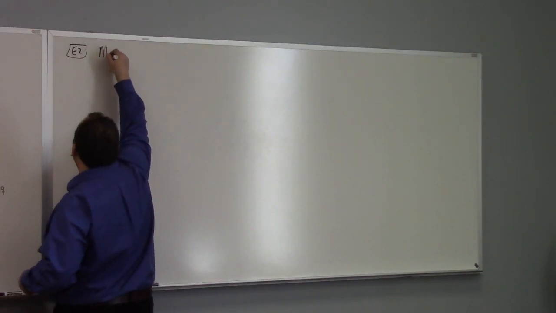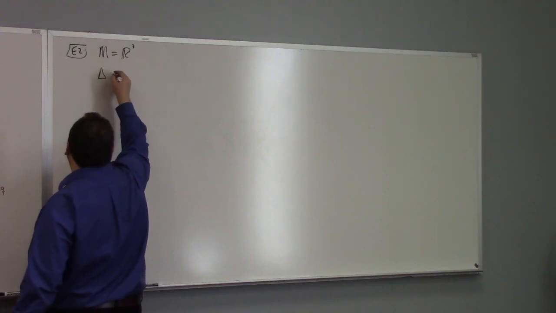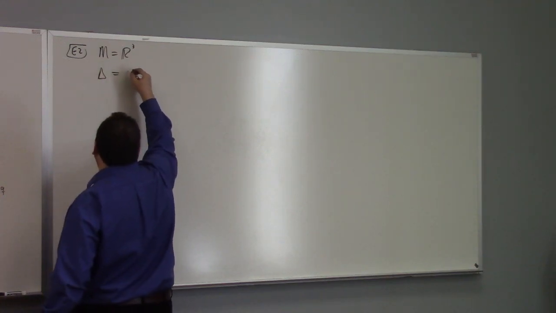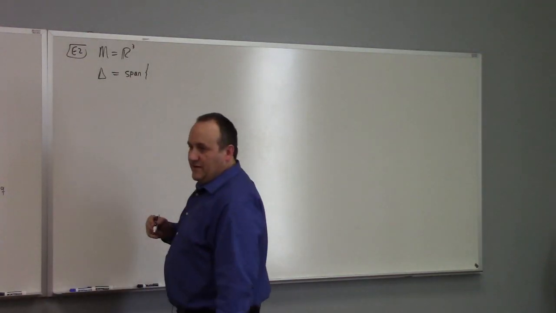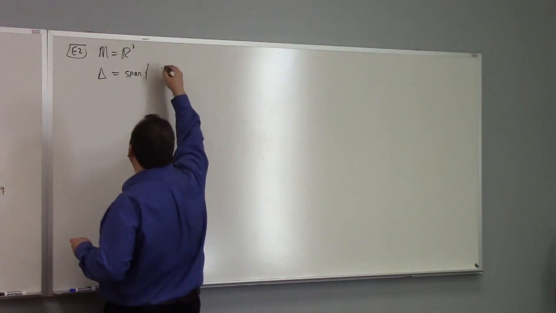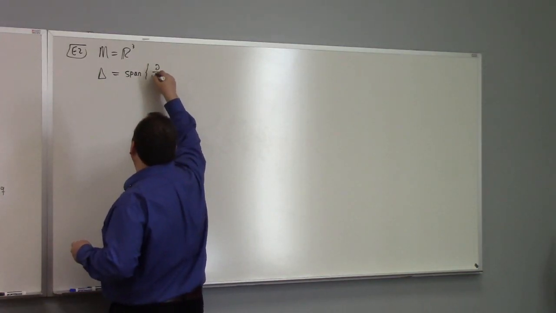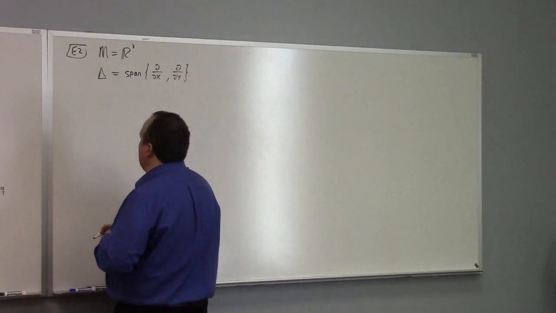We can think about our manifold being R3, right? And we can think about the distribution being generated. Despite my comments about the inability to globally generate, I rescind those comments for this because we can do this. All right?